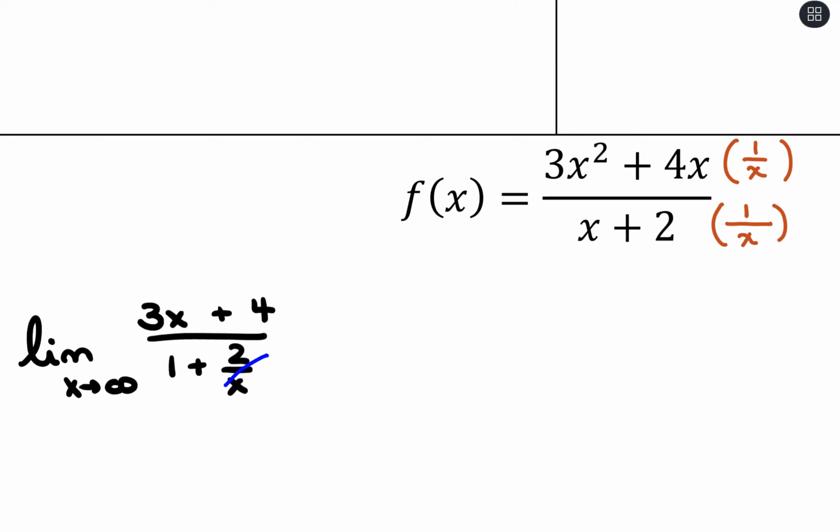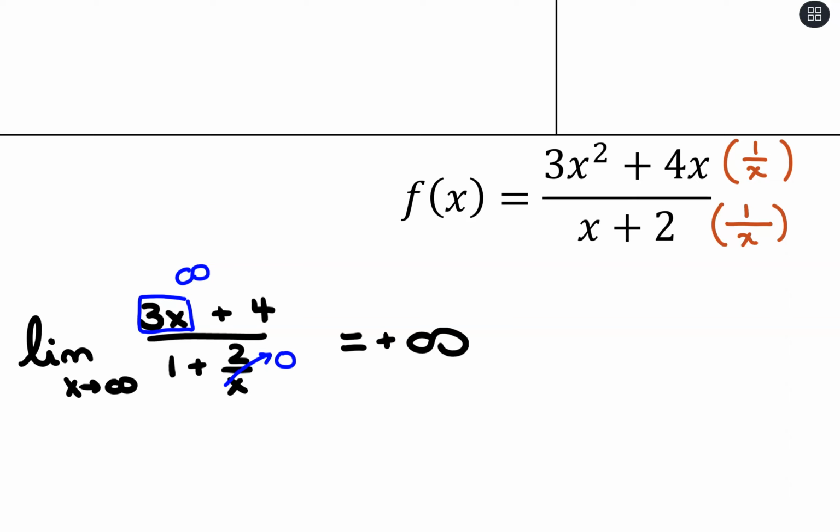Now that 2 over x is going to go to a 0. And then here, when we plug in x equals infinity, that's going to go off to infinity. So it's like we have infinity plus 4, which doesn't really do anything. It's still infinity, dividing by 1. So really it's like infinity divided by 1, which is positive infinity.